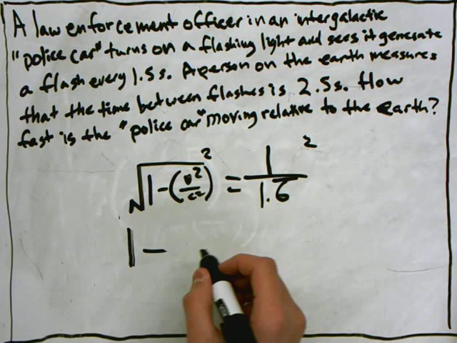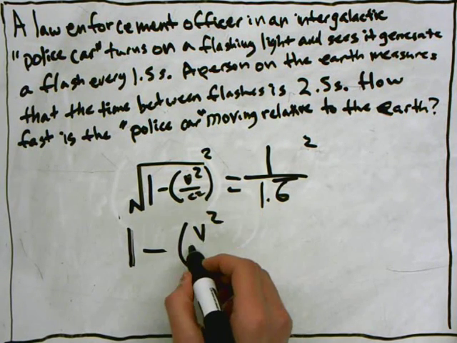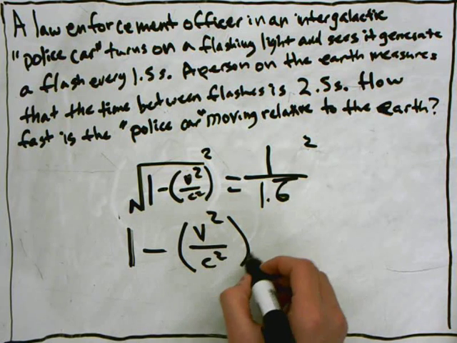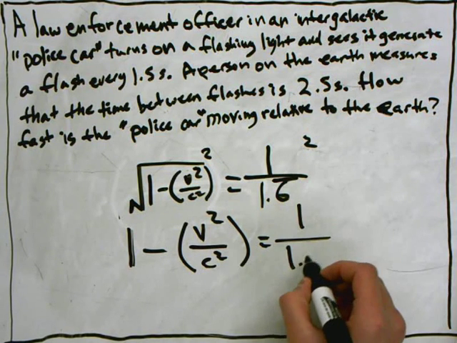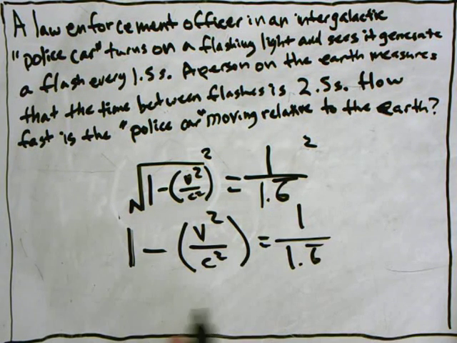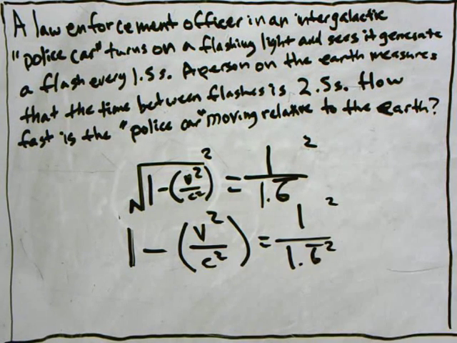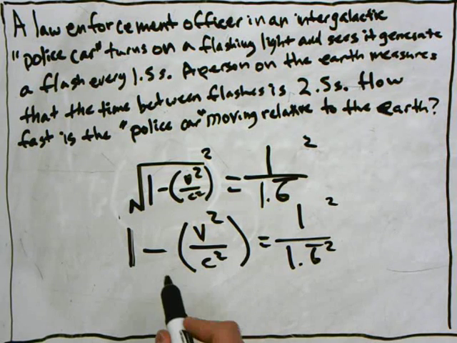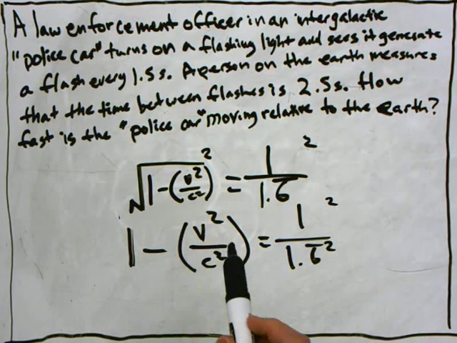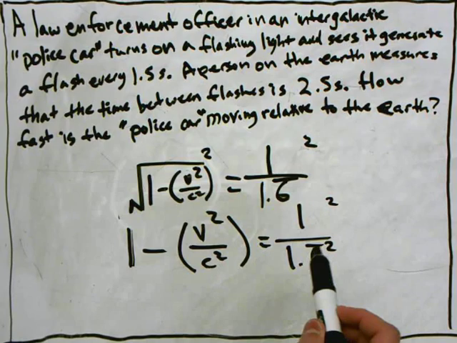Then we're going to add v squared over c squared to both sides to make it positive, and subtract the 1 over 1.6 squared from both sides. We get 1 minus 1 over 1.6 squared is equal to v squared over c squared.